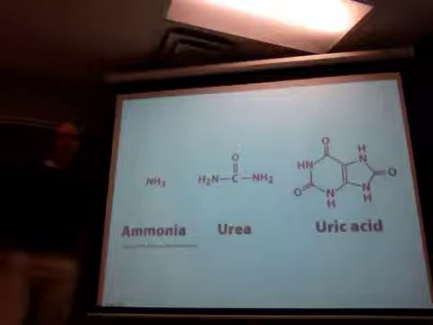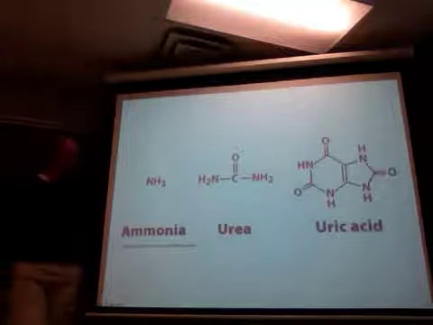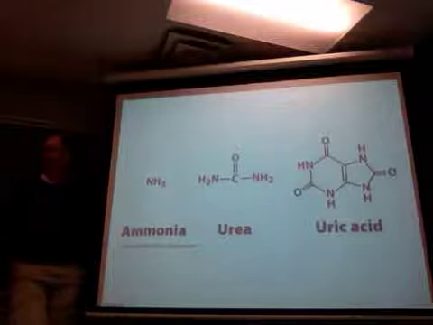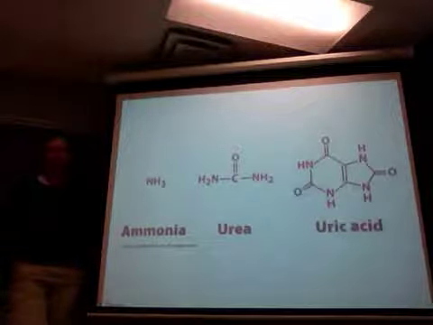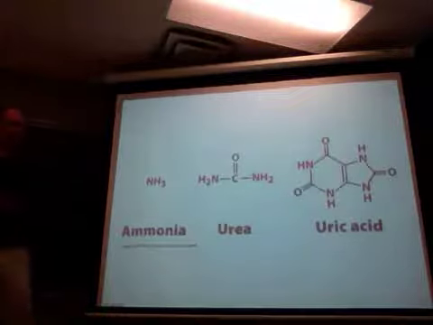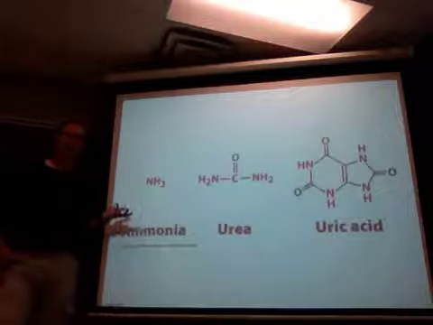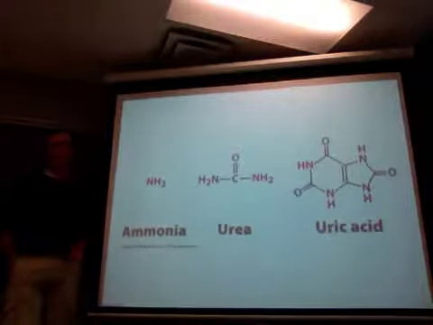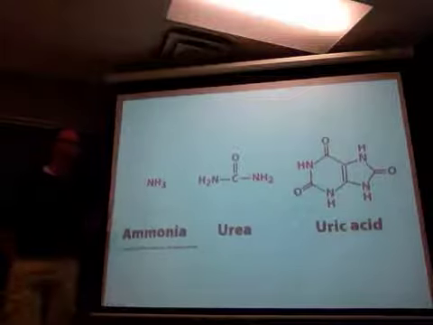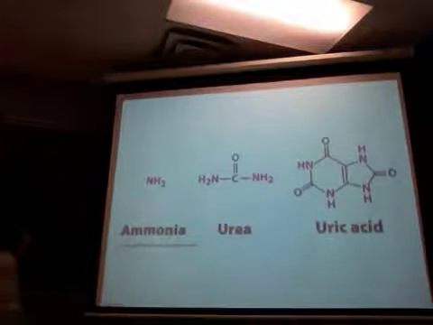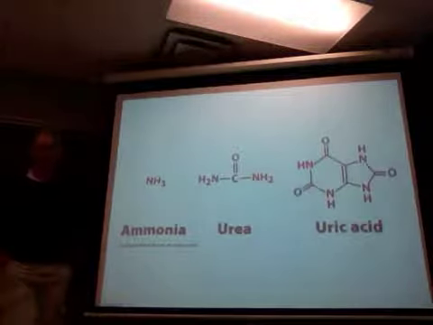But there are some organisms that can just excrete the ammonia. What's the problem with excreting ammonia? Well, one, it's got to build up to high concentrations, and you got to deal with that. The other thing is ammonia is really water soluble, and so it tends to take a lot of water with it. So what kinds of animals tend to excrete their nitrogenous waste as ammonia?